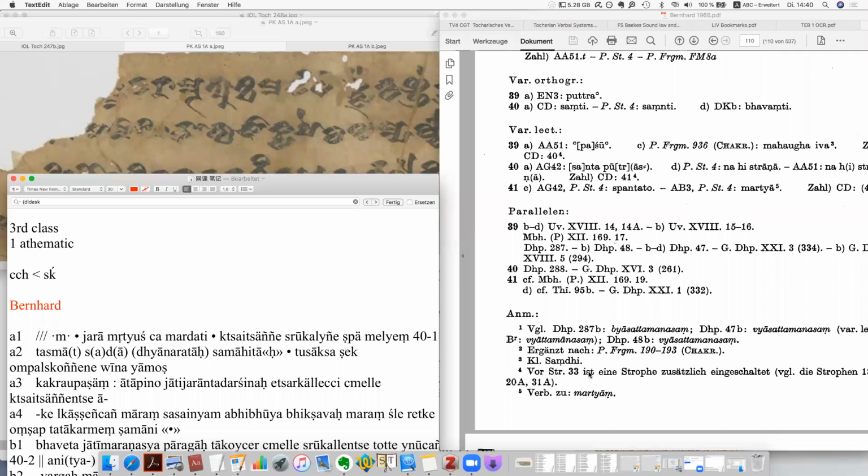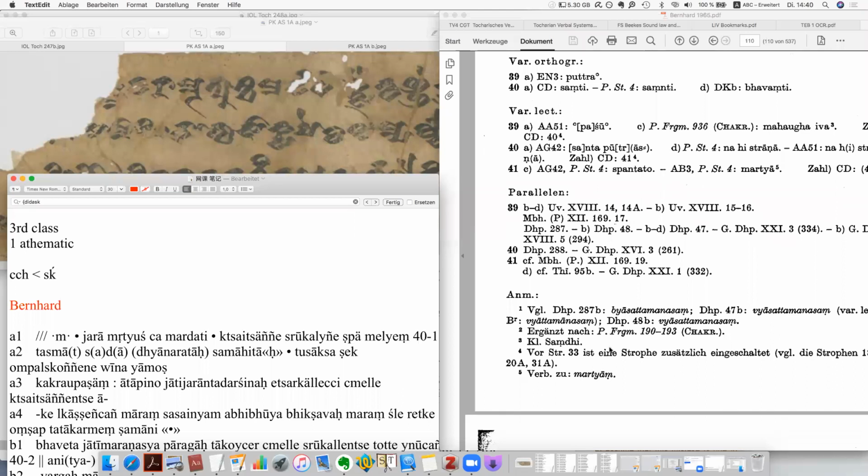In the commentary he will mention the Tocharian texts, but for this verse he does not. He did not have access to the Paris collection at that time, so he did not mention it.